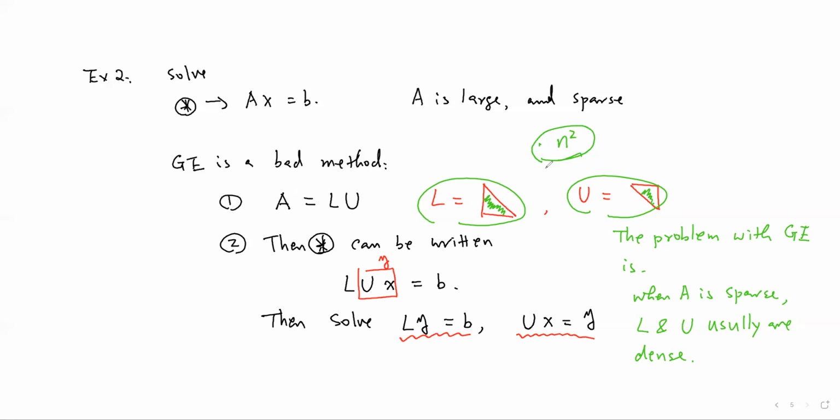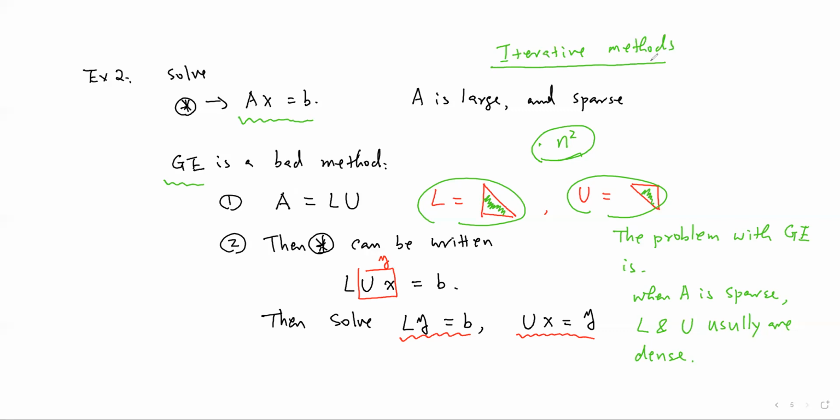Therefore, Gaussian elimination is good for computing a determinant, but it is bad for solving a linear system. Now, the question is, if Gaussian elimination doesn't work, what kind of method do we usually use to solve a linear system? Iterative methods.